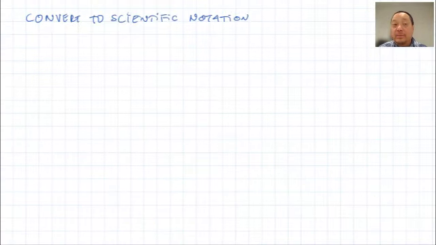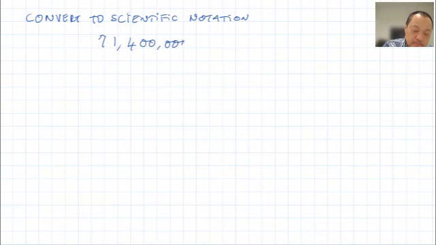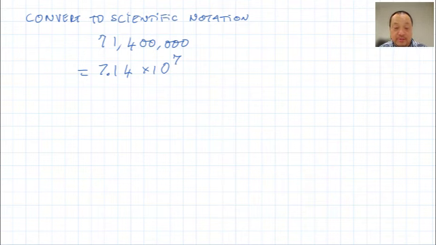All right, now let's talk about how to convert a number into scientific notation. Let's take an example that we've already seen. 71,400,000 is equal to 7.14 times 10 to the 7th. We noticed that we started with 714, no decimal, and we end up with 7.14.